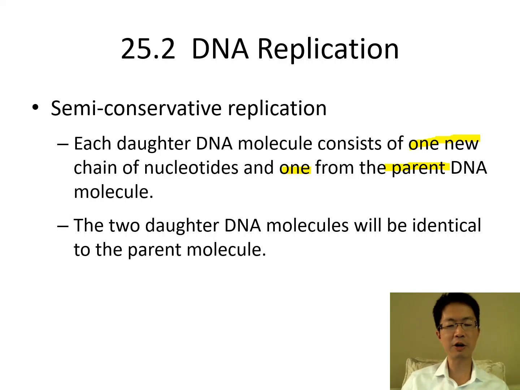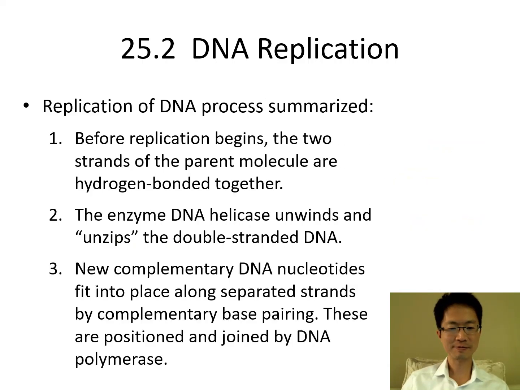That's why we call it semi-conservative. Yes, they are identical to the parent molecule, and they are also identical to each other. I already told you that the two daughter DNA molecules are identical to each other, and they are also identical to the original mother strand. So this is the summary of the DNA replication.